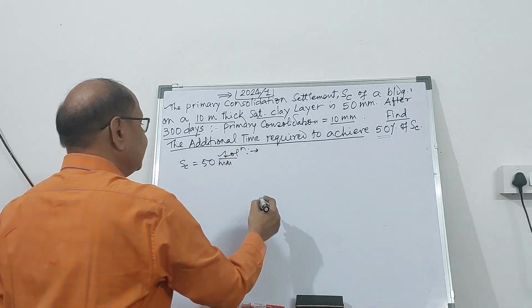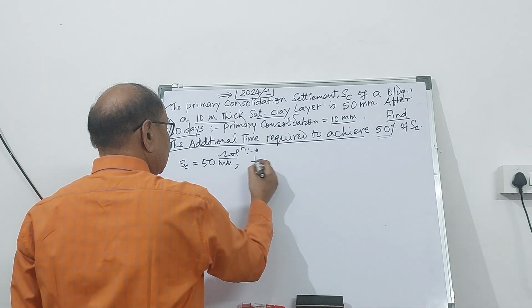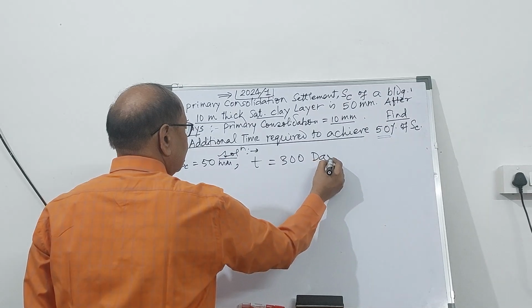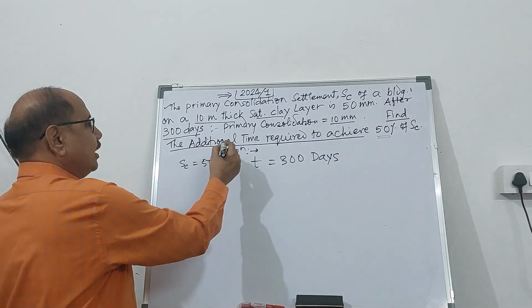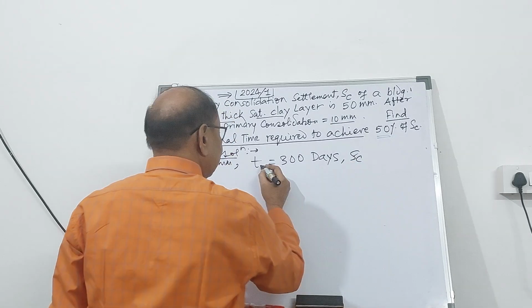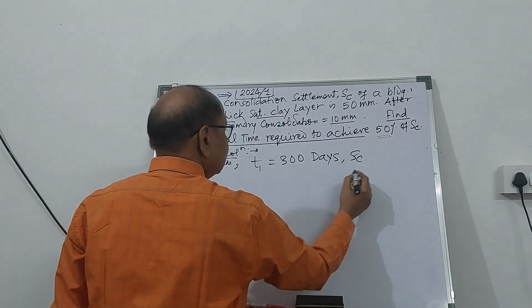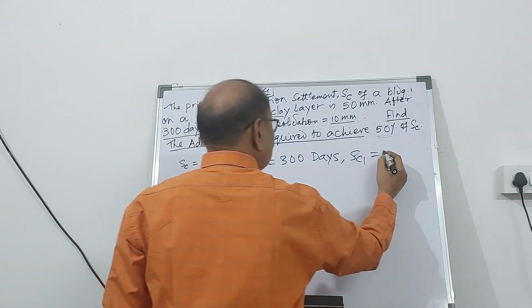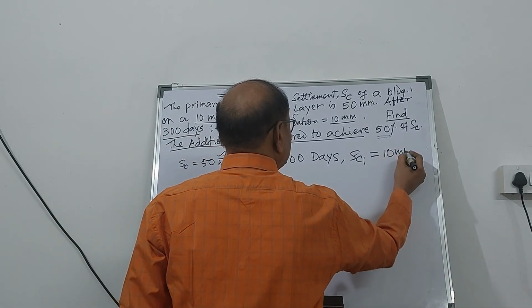After 300 days, so time is given, T1 is 300 days, the primary consolidation settlement SC1 is going to be 10.